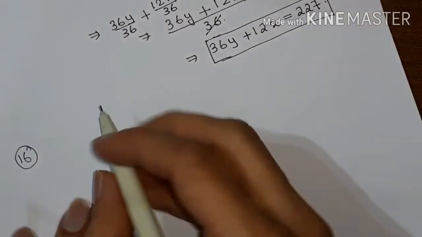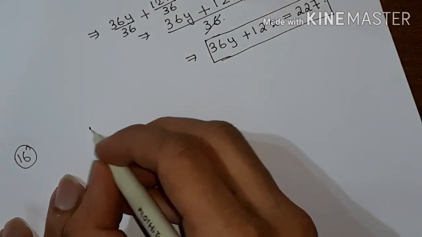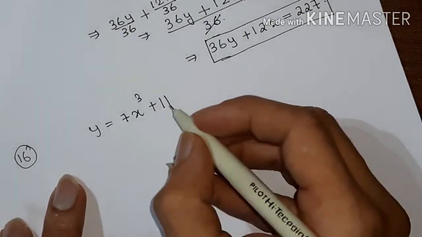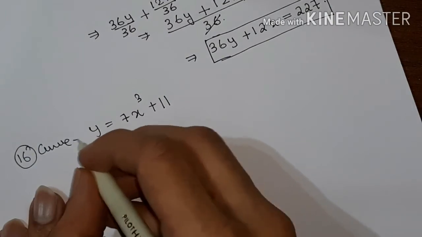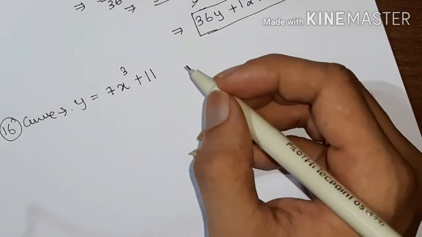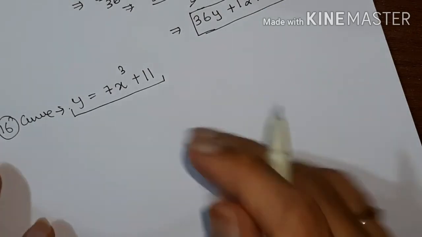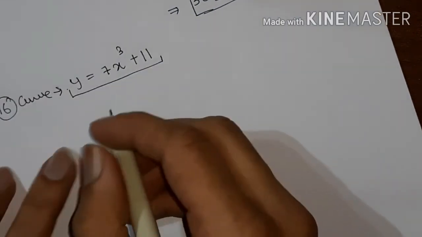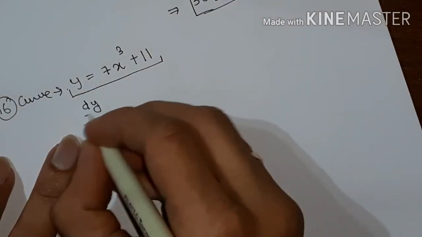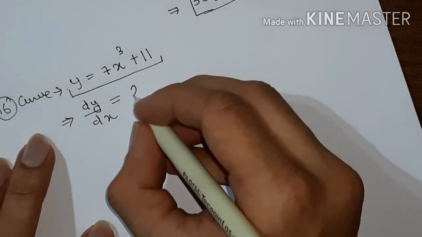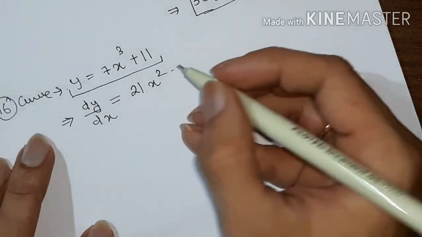So the curve given is what? It is y equal to 7x cube plus 11. Okay, this is the curve which is given. Now what we have to do is to find the tangents. What we do, we find dy by dx. So dy by dx we can find from here, that is equal to what? 21 x square, right?